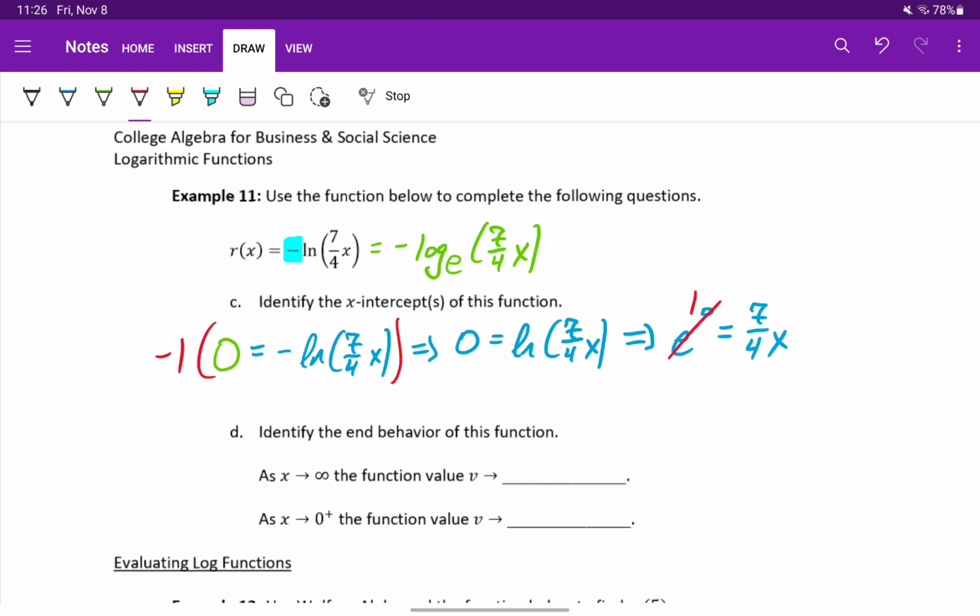E to the 0 power is just 1. And then to get rid of that 7/4 times x, we'll multiply both sides by the reciprocal, which will give us 4/7 is equal to x. And our x-intercept occurs at 4/7 comma 0.